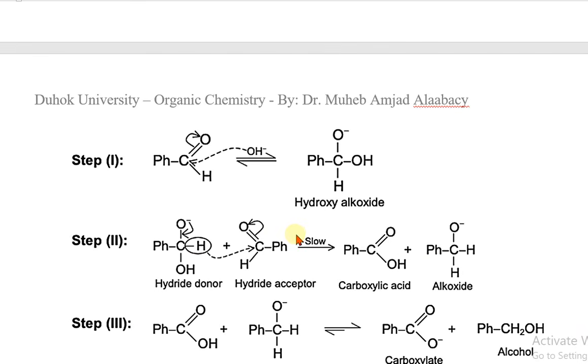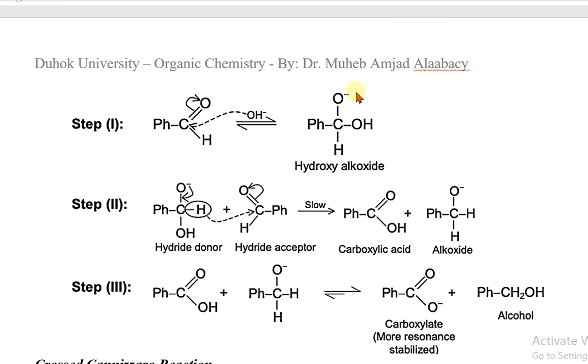So if you look here, firstly, the base attacks the carbonyl, and this opens to give you this. Now, when this negative charge makes a pi bond, the hydride leaves the structure to attack the carbonyl of the second molecule, and this opens to give you this carboxylic acid and alkoxide.